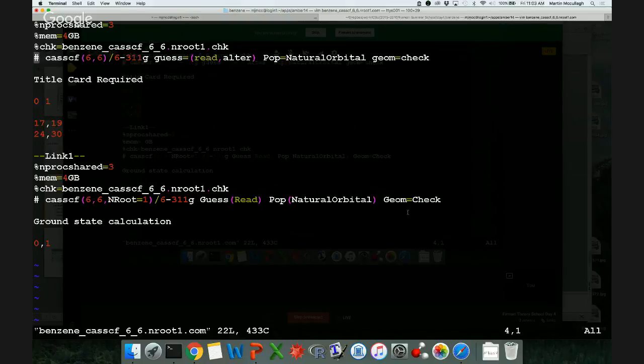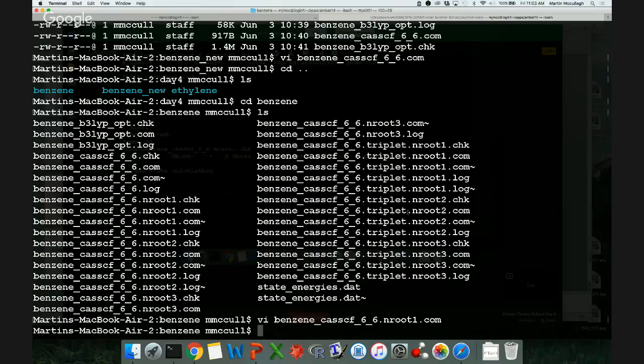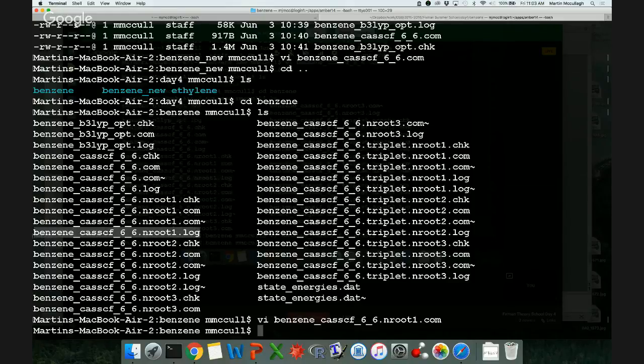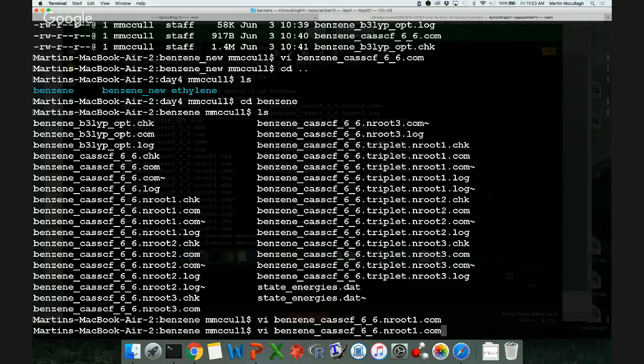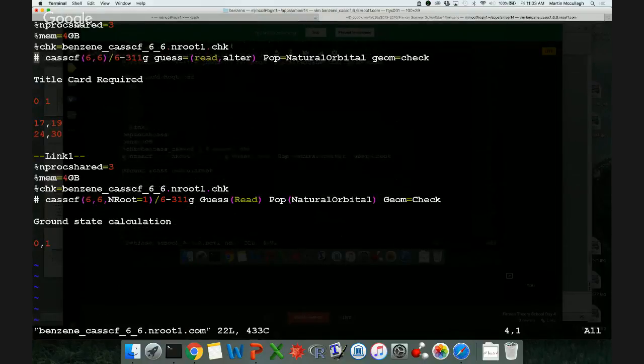Okay. So if I run that, I will get output files, my log output file, highlighted here, and my checkpoint file here. Oh, one quick thing before. So remember, it's going to read the initial wave function and coordinates from this checkpoint file. Okay, we haven't created that checkpoint file yet.